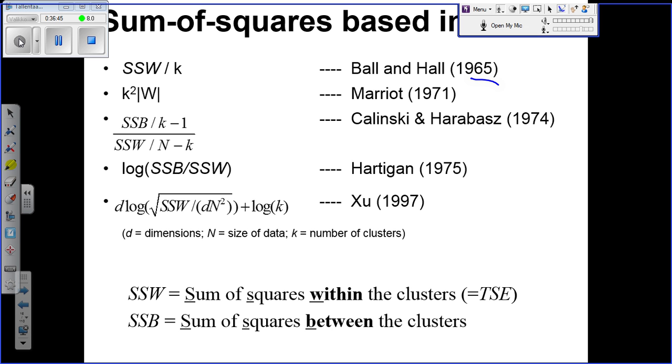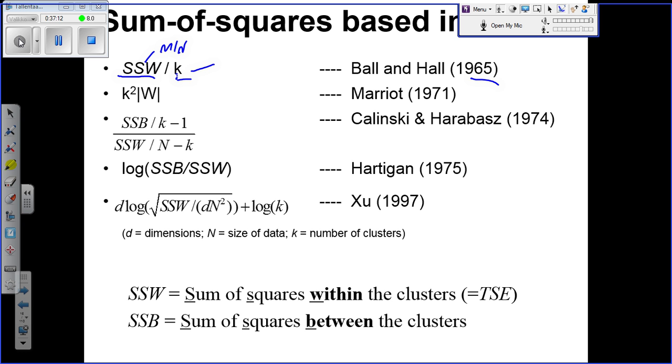But Ball and Hall first used just the within-cluster divided by k. This we want to minimize, and well, it's a kind of penalty factor: because we minimize this, we just add more clusters, but then this will increase. Wait a minute. Does it make sense?